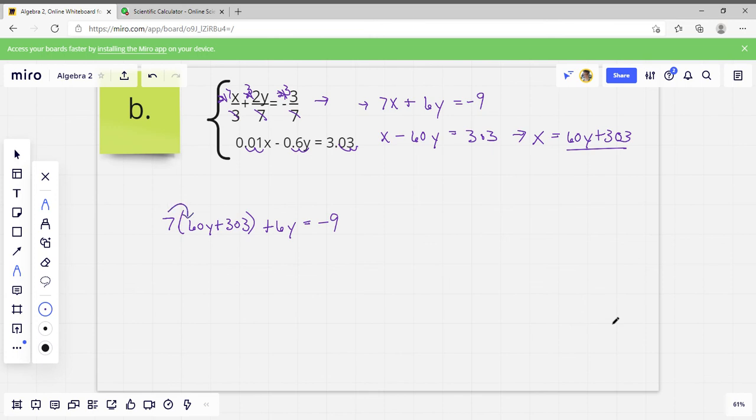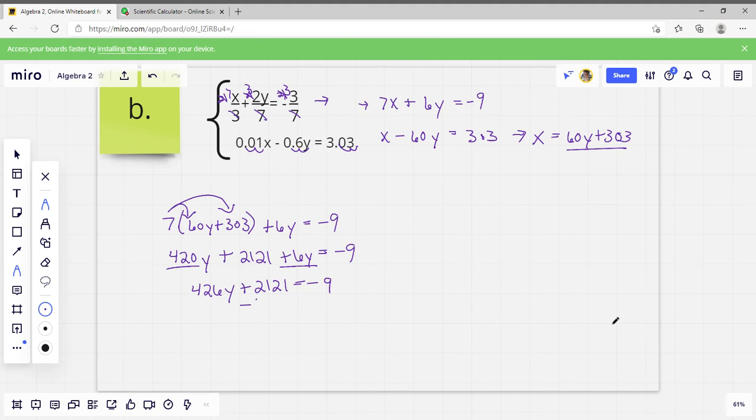Then I'm going to rainbow this. 6 times 7 is 42, and 3 times 7 is 21, plus 6y equals negative 9. And then I'm going to put my y's together. So 426y plus 2121 equals negative 9.